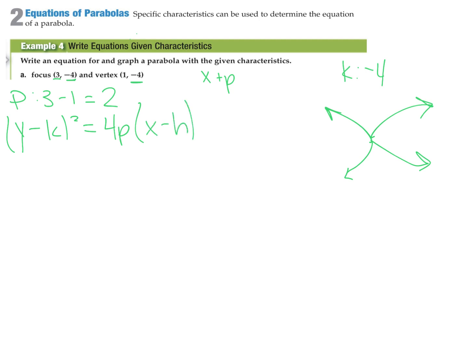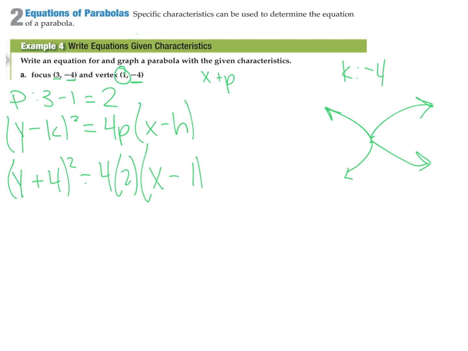So y minus, since it's a -4, plus 4 squared equals 4 times p, which is 2, times x minus our h value, which is 1. And that vertex tells us that it's 1.